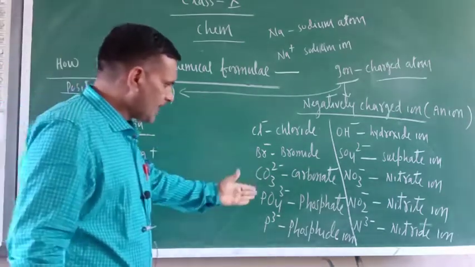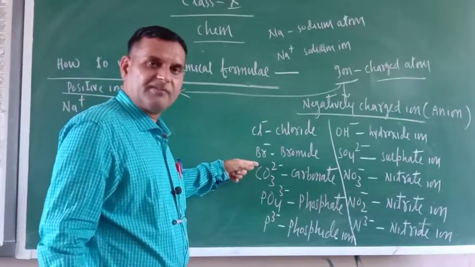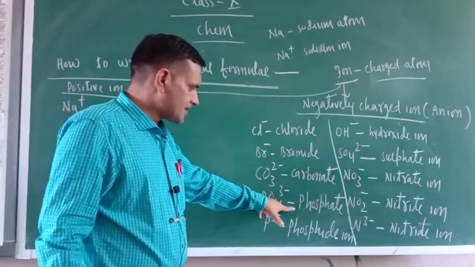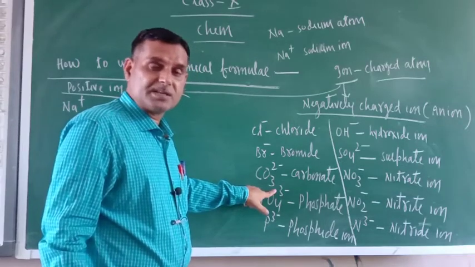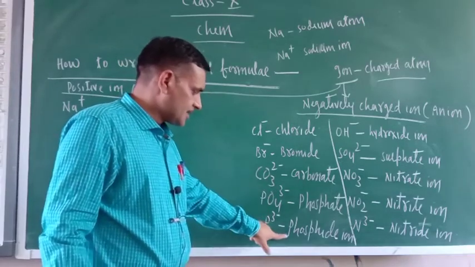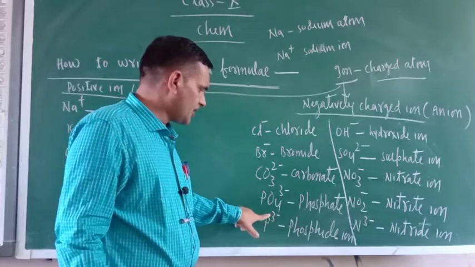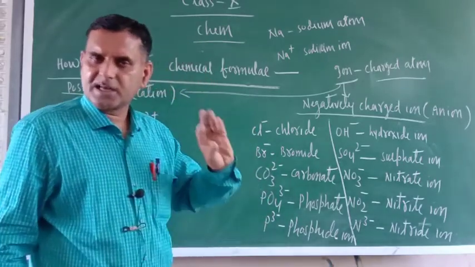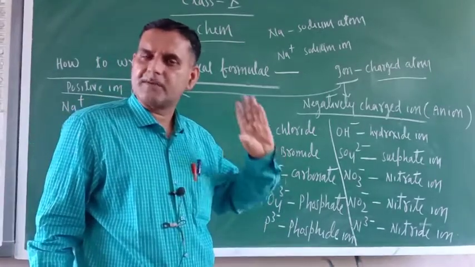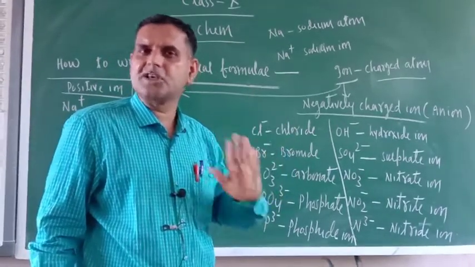Same, carbonate is a divalent anion. Phosphate is a trivalent anion. Anion means negatively charged ion. This is phosphide, P3 negative. So this is the classification of ions on the basis of the charge which they have received.